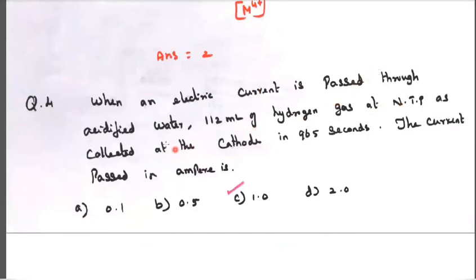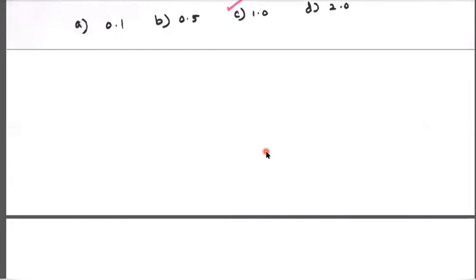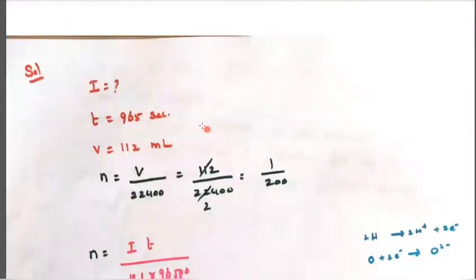When an electric current is passed through acidified water, 112 milliliter of hydrogen gas at normal temperature and pressure is collected at the cathode in 965 seconds. The current passed in amperes? So current they asked, time they have given 965 seconds, volume 112 milliliter.